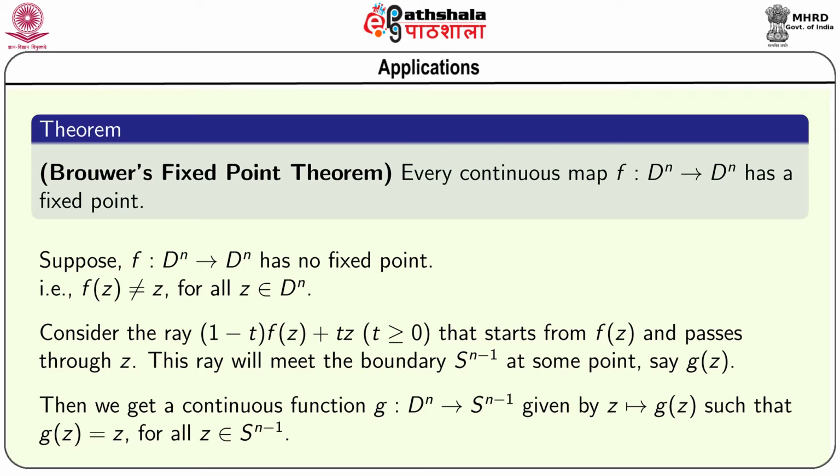This ray will meet the boundary S^(n-1) at some point, say g(z). Then we get a continuous function g from Dn to S^(n-1), which is given by z goes to g(z) such that g(z) is equal to z for all z belonging to S^(n-1).